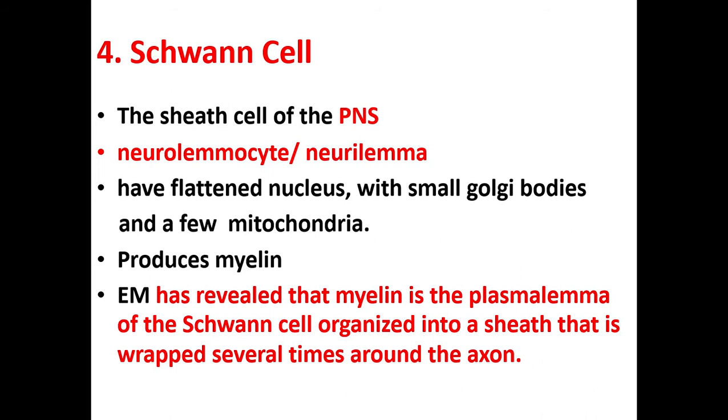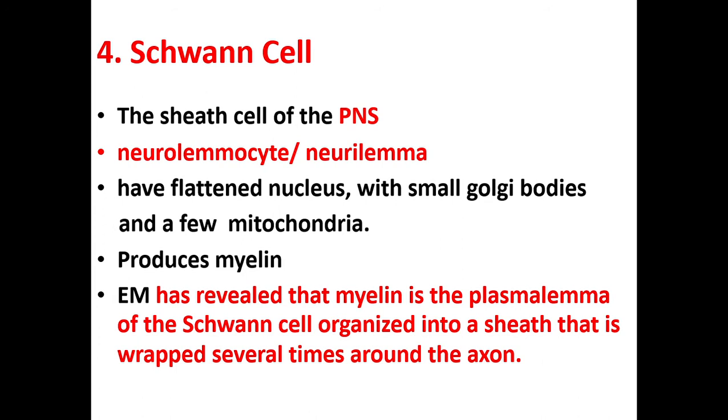The fourth neuroglial cell is referred to as the sheath cell of the PNS. It is not part of the neuroglial cells in the CNS. Sometimes it is referred to also as neurolemmocyte or neurilemma. This cell has a flattened nucleus with small Golgi bodies and few mitochondria, and one of its functions is to produce myelin.